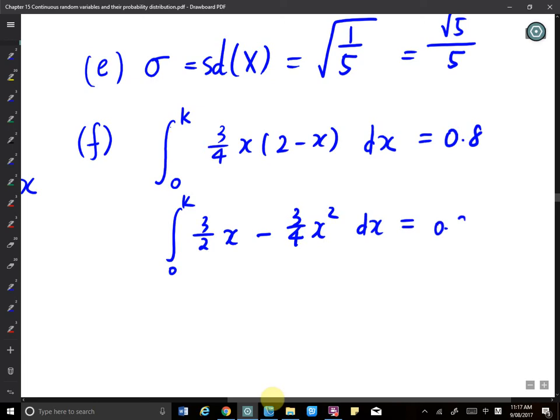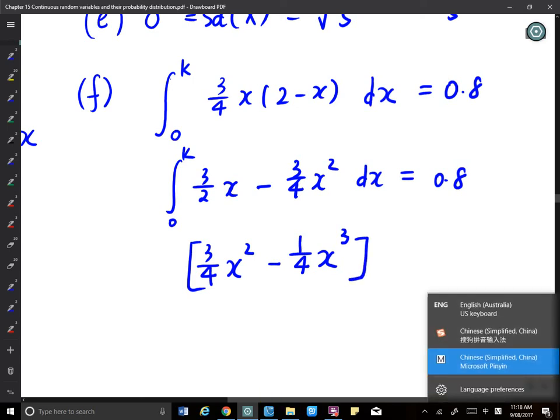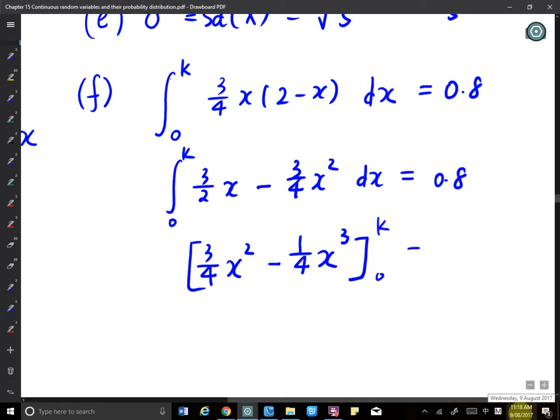No equal sign on that side, it's 0.8 here. We have 3 on 4 x squared, 1 on 4 x cubed, and we have 0 to k equals 0.8. Let's have 4 on 5 here.